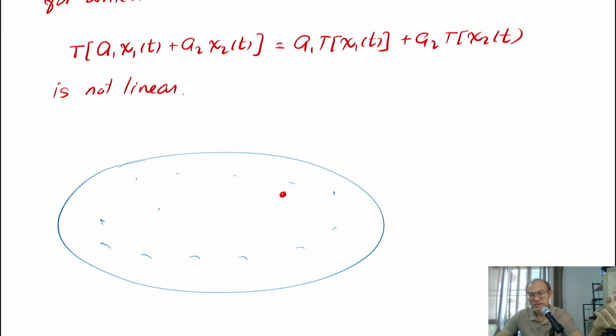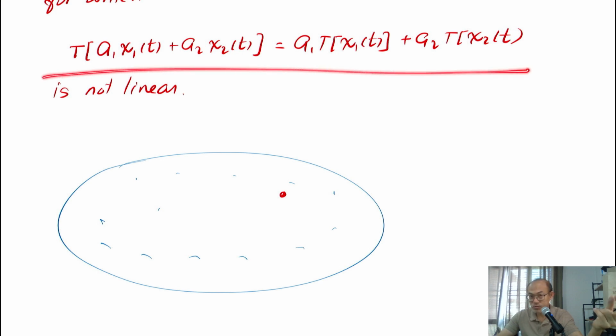So you may give a counterexample to show that this equation is not true, and if such a counterexample exists, then the system is not linear. You cannot call it a linear system anymore. To be able to call it a linear system, this equation has to be true for every input signal.